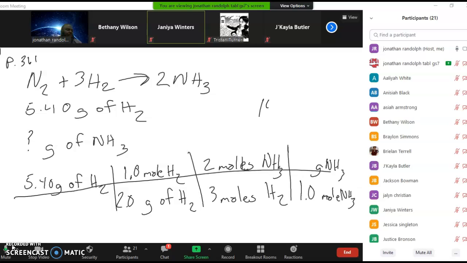So we're only going to deal with 14 because we're dealing with whole numbers. So you've got 14 plus 3 hydrogen, so that's 3. So your atomic mass here is 17. So now we multiply the top, multiply the bottom, divide the top by the bottom.